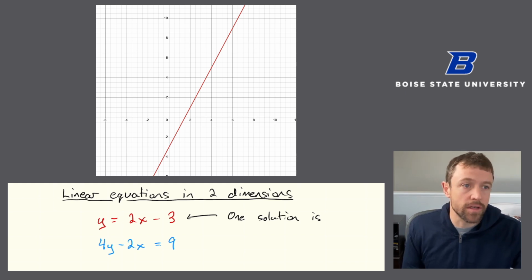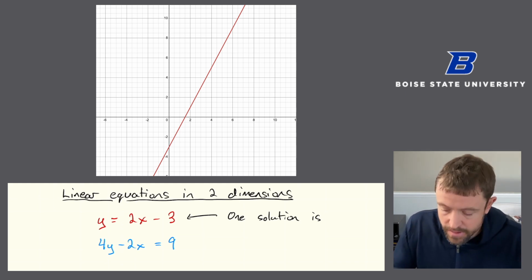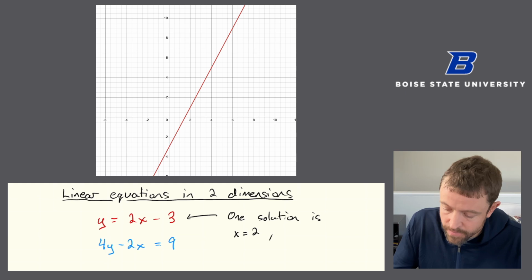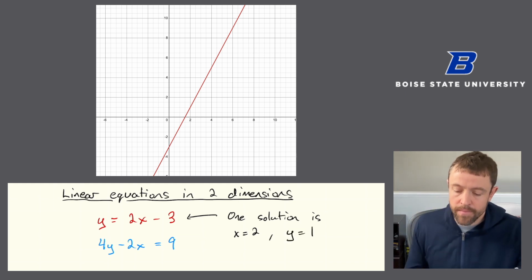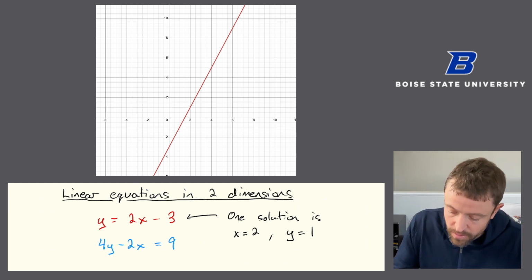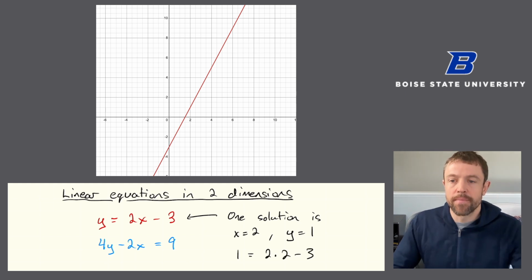And so, for example, if I make x equal 2 and y equal 1, we can see that 1 equals 2 times 2 minus 3.